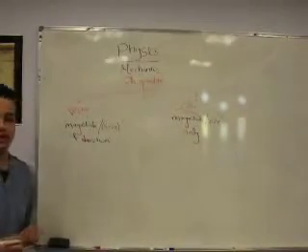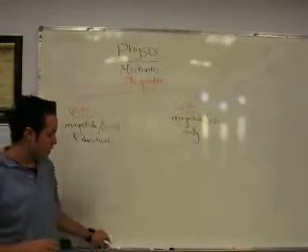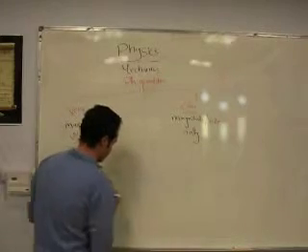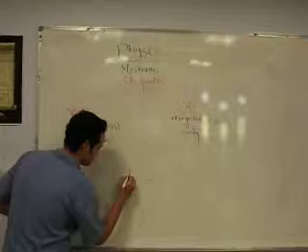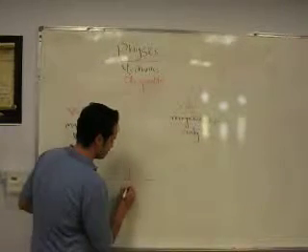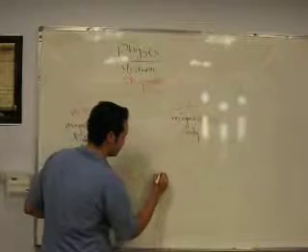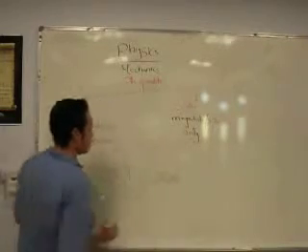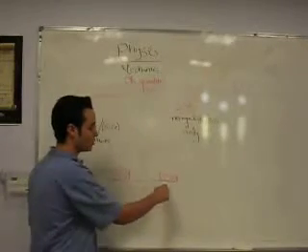I'll give an example here to clarify my point of view. If that is the ground here, and I have a block, and I move the block 5 centimeters to the right, and then I measure the distance the block moved to the right.